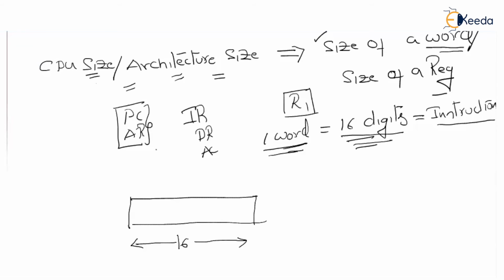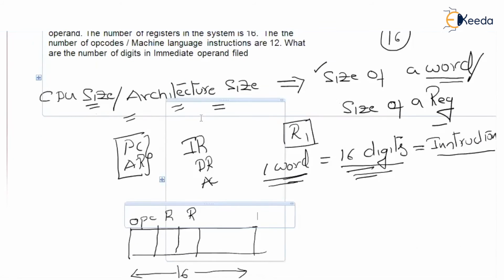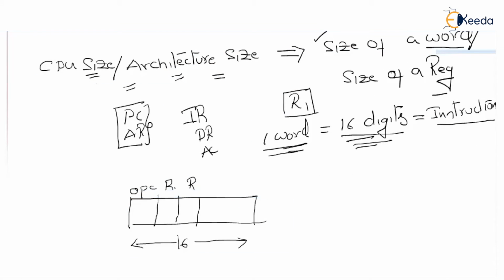And what are the different fields? Here I have one opcode field. Next one is a register field. Third one is also a register field, because two register operands are there. That means there is the opcode, register operand 1, register operand 2, followed by the immediate operand.